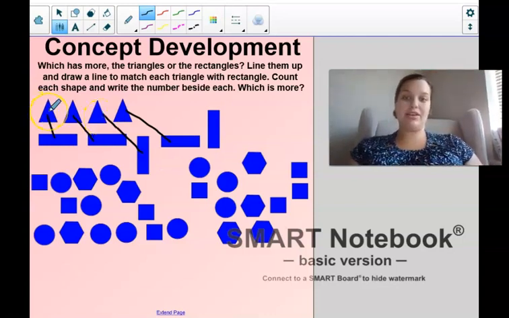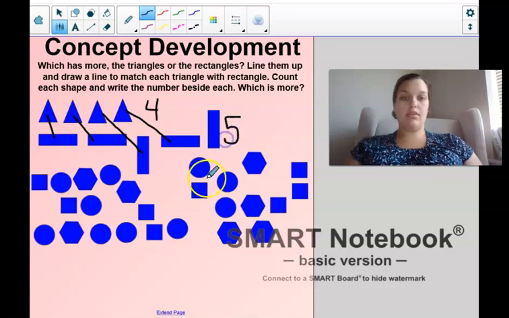So let's count how many triangles we have. 1, 2, 3, 4. We have 4 triangles. Let's count how many rectangles. 1, 2, 3, 4, 5. Okay.